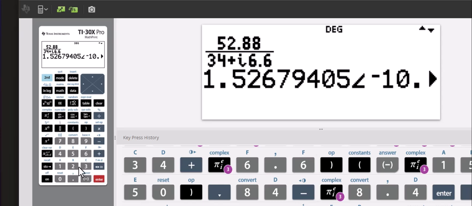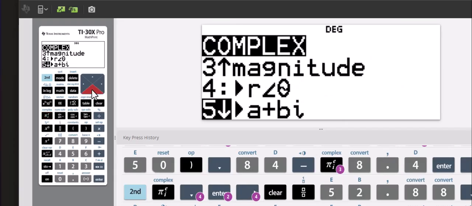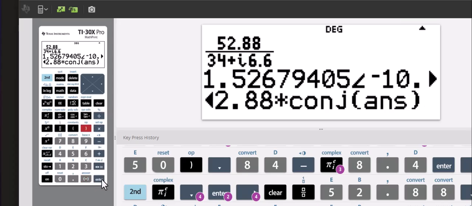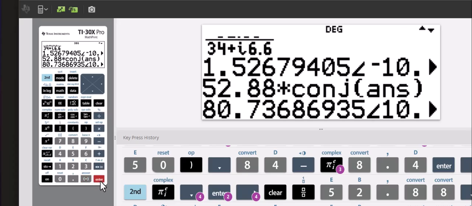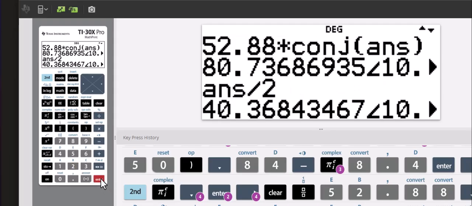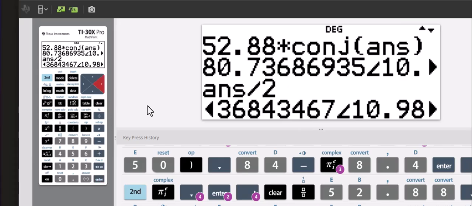So I want my voltage, 52.88, times the conjugate of that current. So I can do second, complex, conjugate, and I can either go up and copy it or just do second answer, and that way I won't necessarily make a mistake. Then divide by 2. And we get 40.36 angle 11.